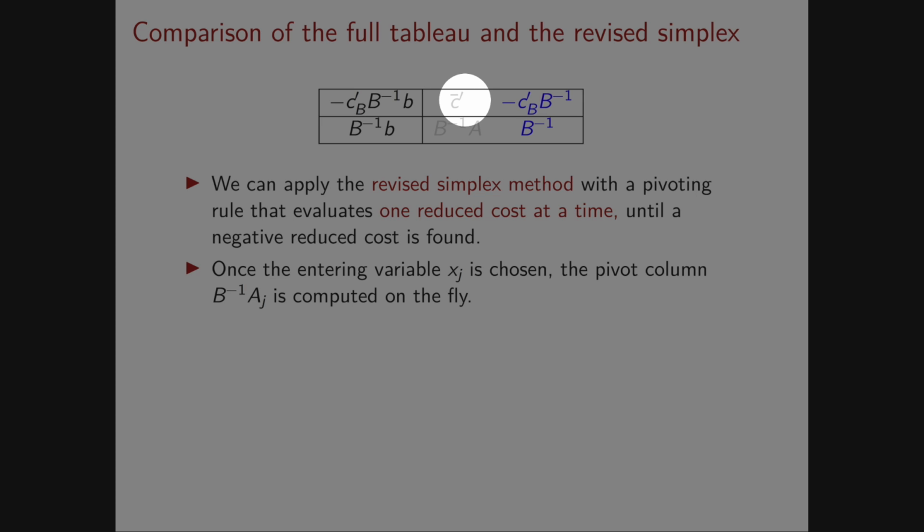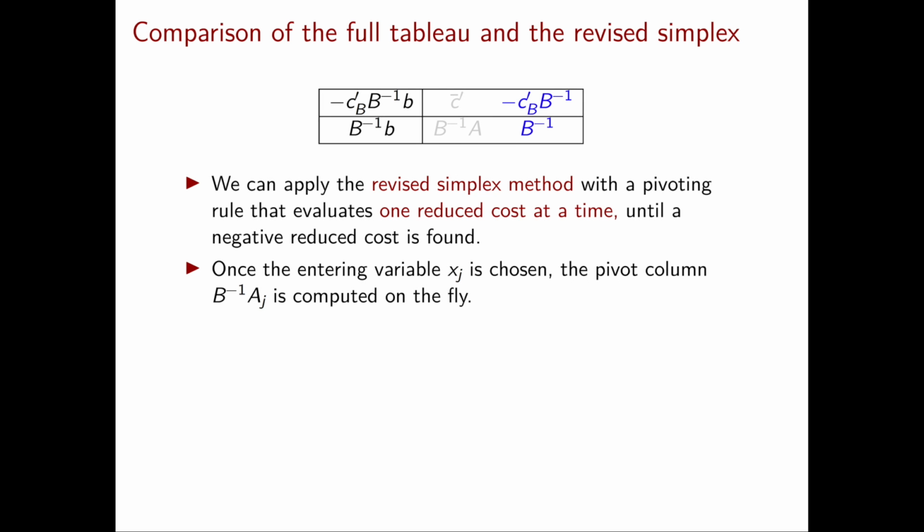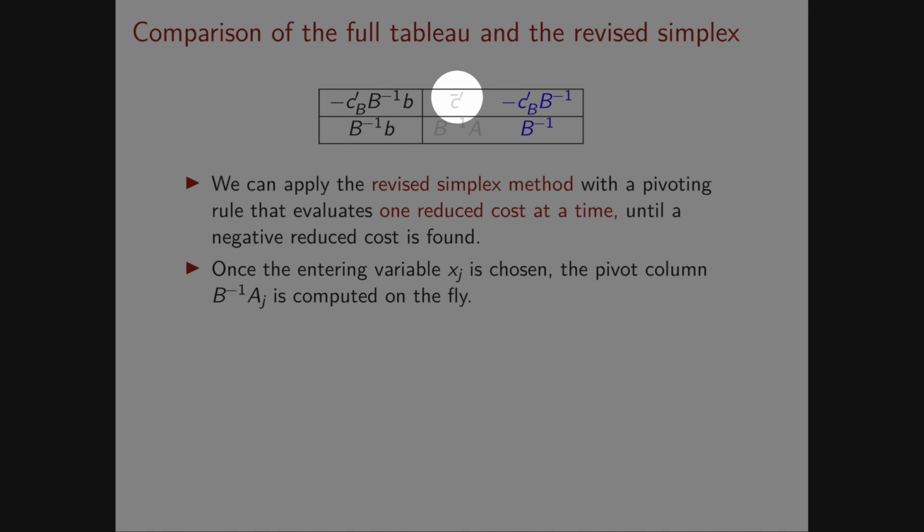When a negative one is found, the corresponding column is computed. Notice that, in general, the revised simplex will not compute the full vector of reduced costs, and it will only compute one of the columns of the matrix B inverse A.